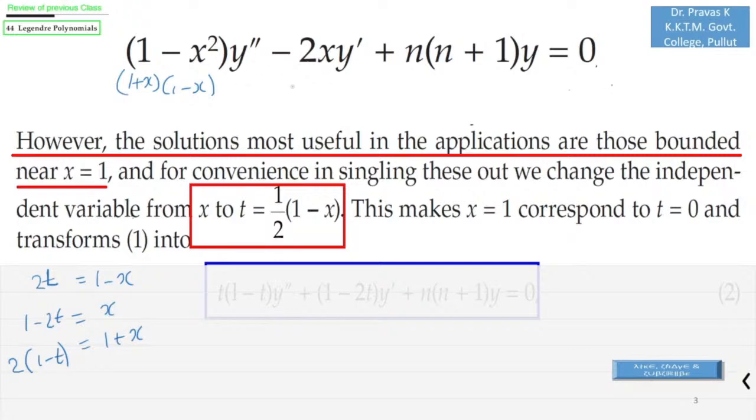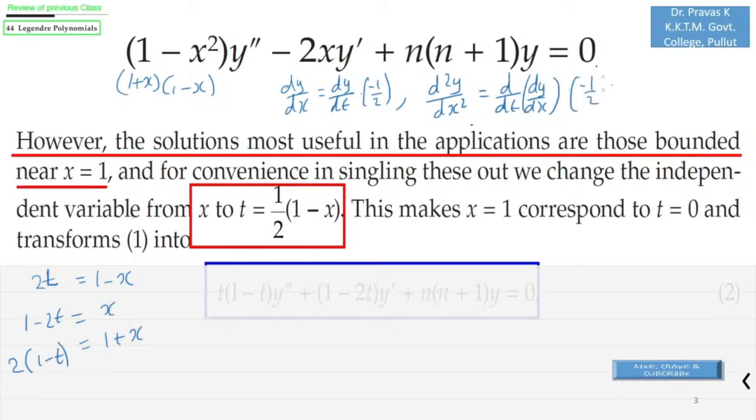We can see that dy by dx is dy by dt into dt by dx. So dt by dx from here you can see is minus 1 by 2. So this is what your dy by dx is, and d square y by dx square is equal to d by dx of dy by dx, that is d by dt of dy by dx into dt by dx, which is minus 1 by 2.